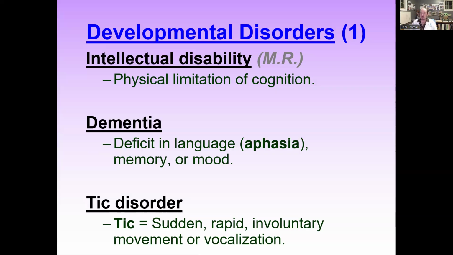We see individuals who may have had some type of very severe viral encephalitis, and it may result in a chronic tic disorder. So some physical trauma to the brain that interferes with good communication between the frontal lobes and your motor centers and your vocal centers. A good example of that is actually something called Tourette syndrome.